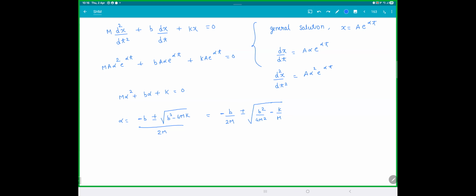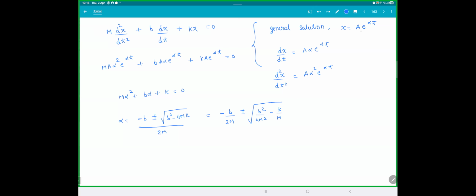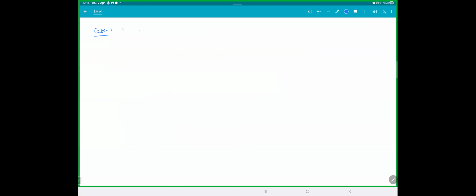Then there are some mathematical solutions for this. So we have different possibilities. So just remember these things. These are important. So case 1, if the roots are real, that means if b square is greater than 4mk, the roots are real.